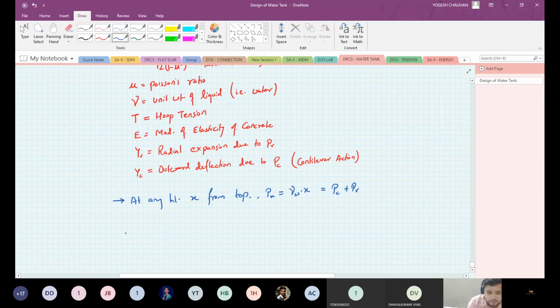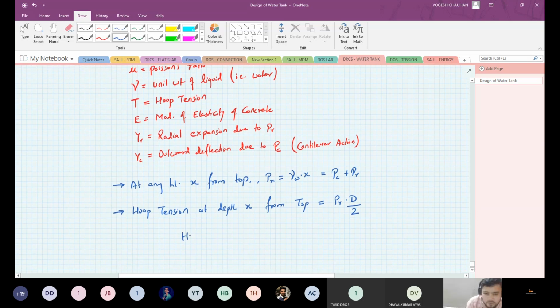Now, from the definition of hoop tension, the hoop tension at any depth x from top is equal to Pr times d by 2. So pressure into half the diameter gives the hoop tension.